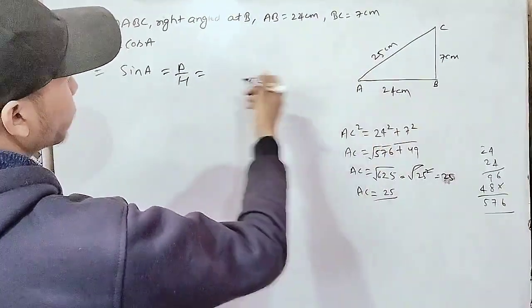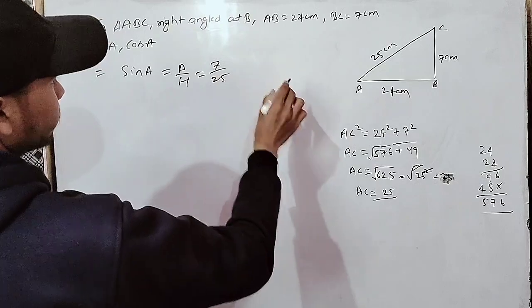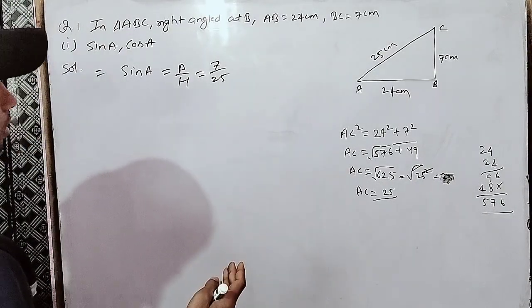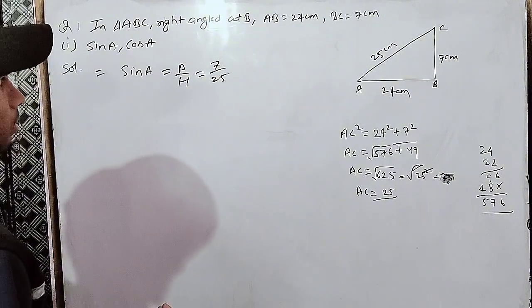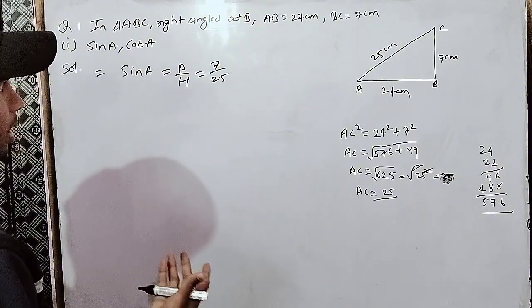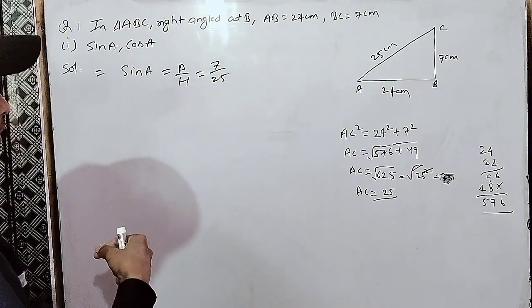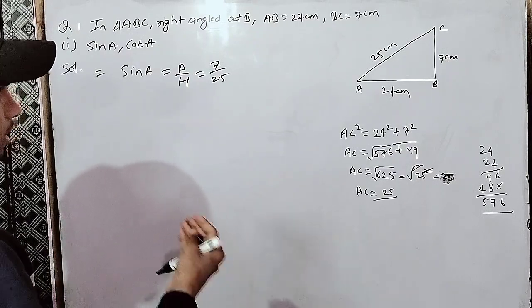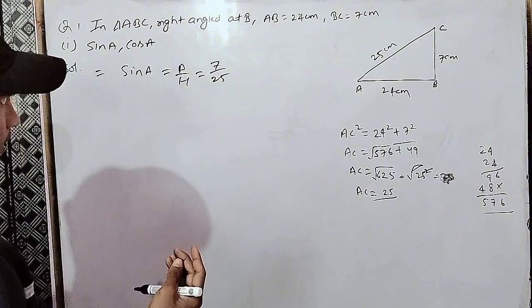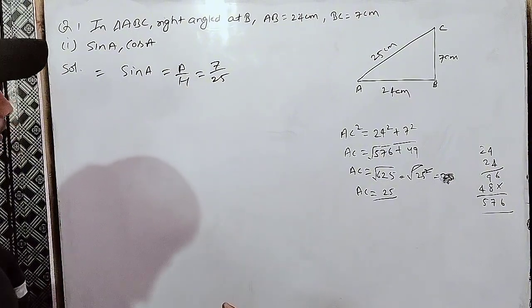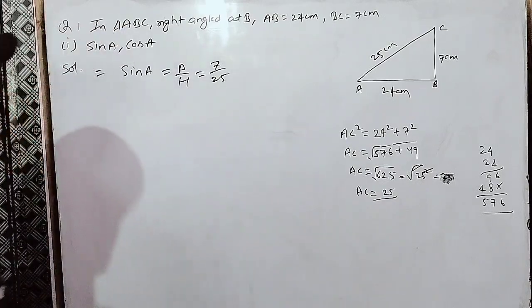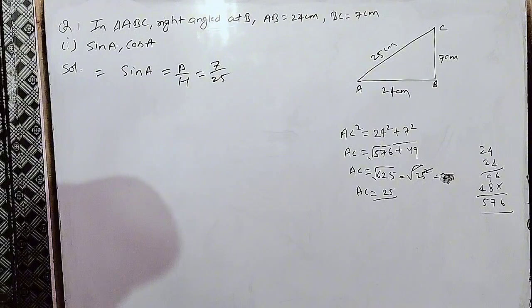The value of P is 7 and h is 25. So sine is 7 by 25. If we want the exact value, we divide 7 by 25 and we get the answer in decimal. Clear? Okay, 0 point something something.